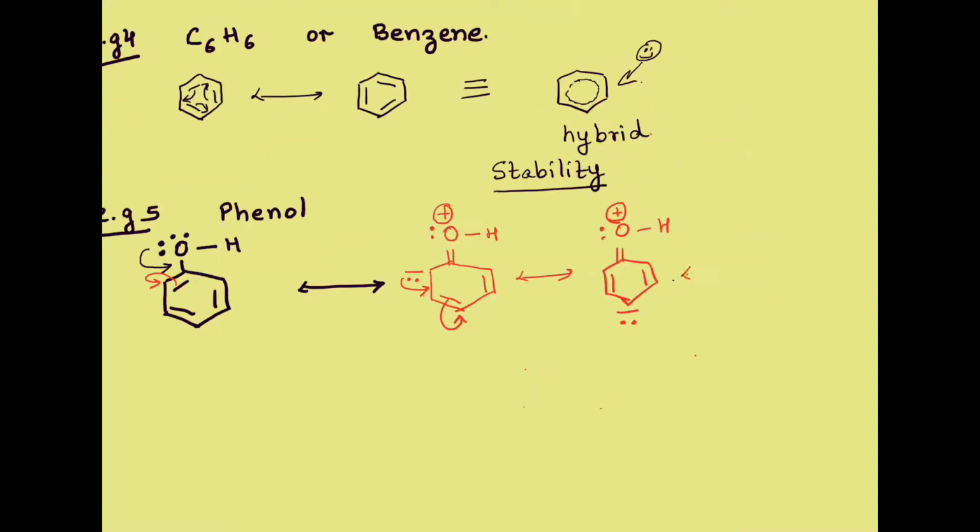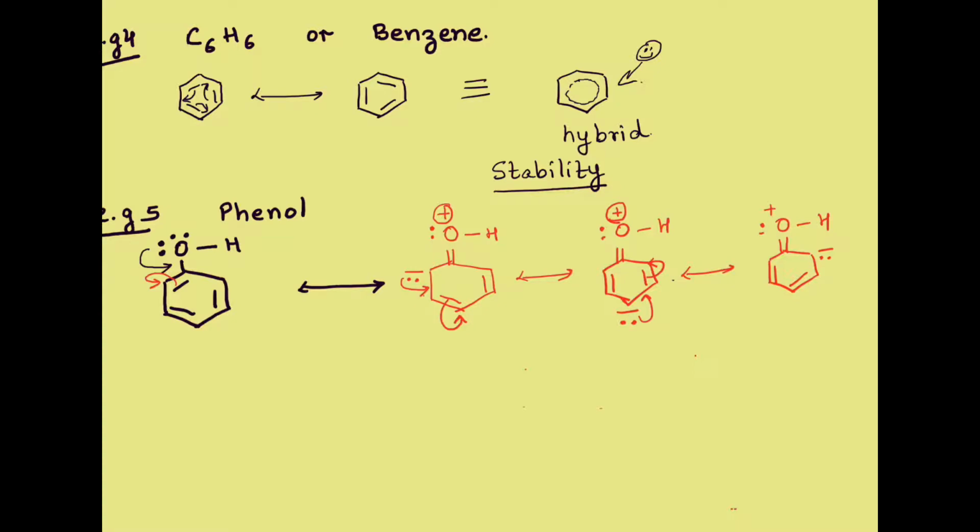Okay, what about the third one? Now again, move the electrons here to form a double bond and move the electrons of the pi bond to the next carbon atom. Yes, so this is where your Lewis structures come in very handy, because then you are very clear about what you want to draw and how you're going to draw.